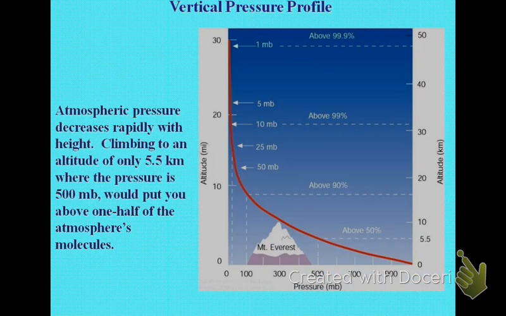So in less than 10 miles, look at the difference in that air pressure. The air pressure is getting closer and closer to zero, and it goes very, very fast. At the top of Mount Everest, it looks like you're at only about 5 miles high, and it's already decreased from about 1,000 down to 300. So 1,000 millibars down to 300 millibars. That's a really sharp decrease.